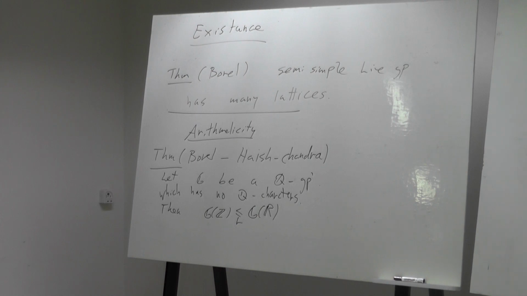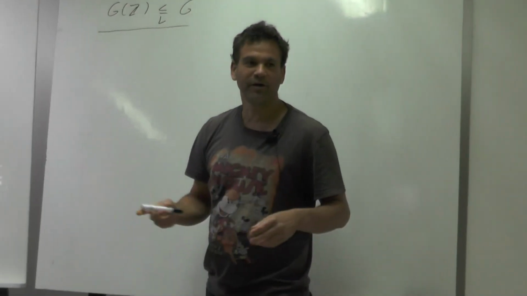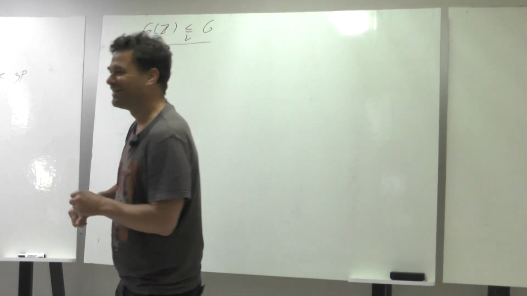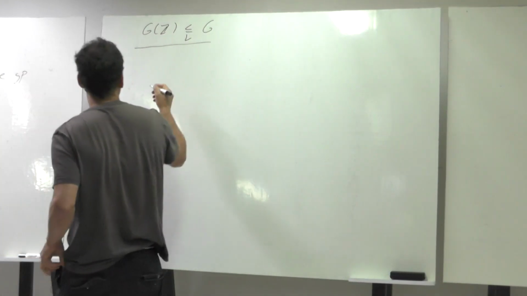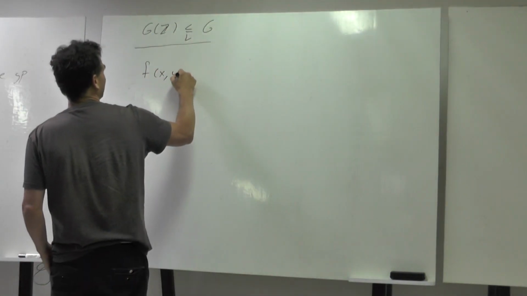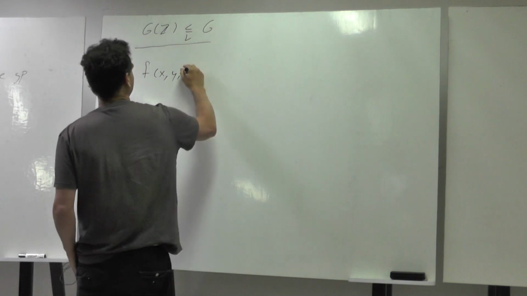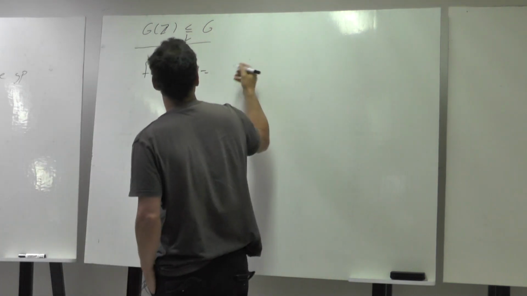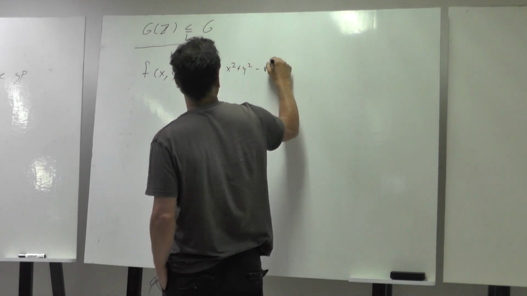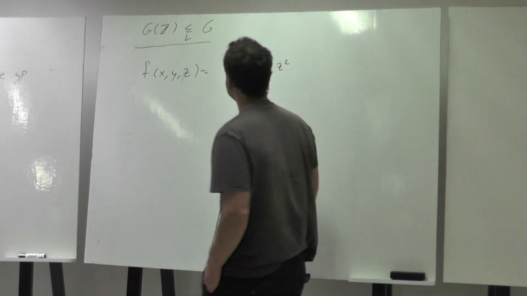There is something that almost any of the lectures did and I didn't, which is restriction of scalars. So let me repeat it. Let f(x,y,z) be the following form: x squared plus y squared minus square root of 2 times z squared.